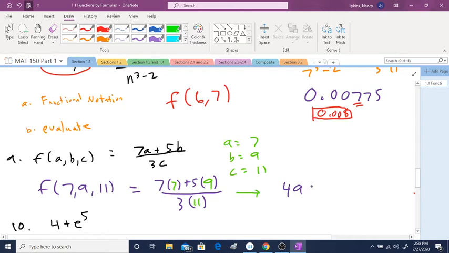It's 45. And what is 3 times 11? It's 33. Now, the top, you could say, okay, what is that? That's going to be 94 over 33. And you could leave it just like this, or if I tell you specifically, you can put it in decimal form.